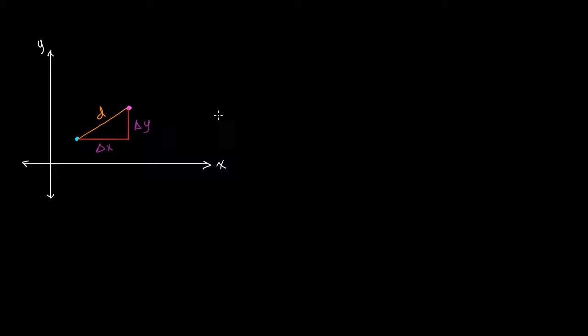So if we want to find this length, we can use the Pythagorean theorem, which says d squared equals the change in our x coordinates squared plus the change in our y coordinates squared. Now, this formula actually doesn't give us our distance. It gives us the distance squared.